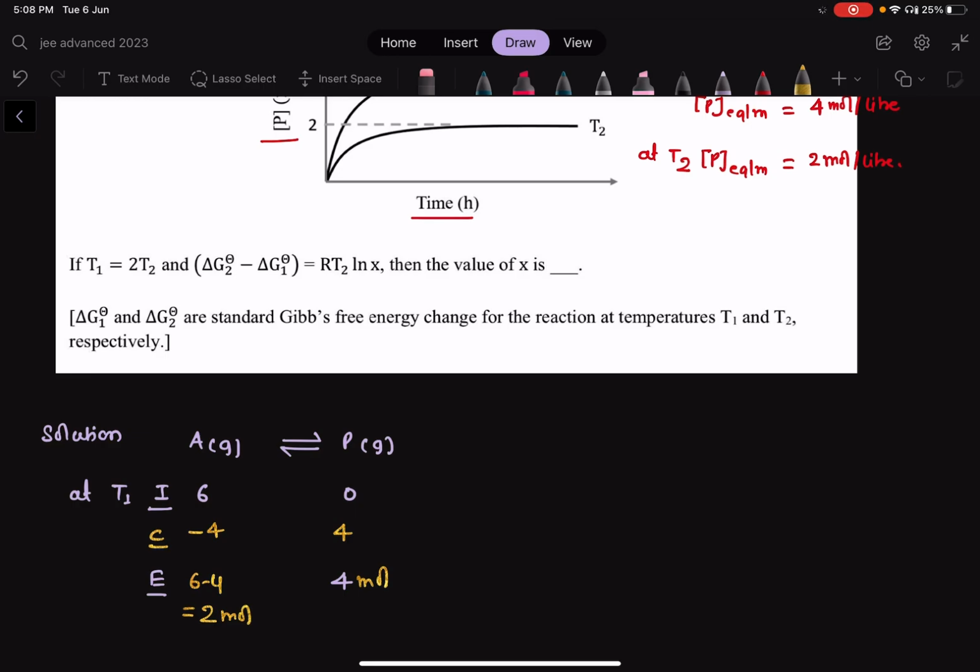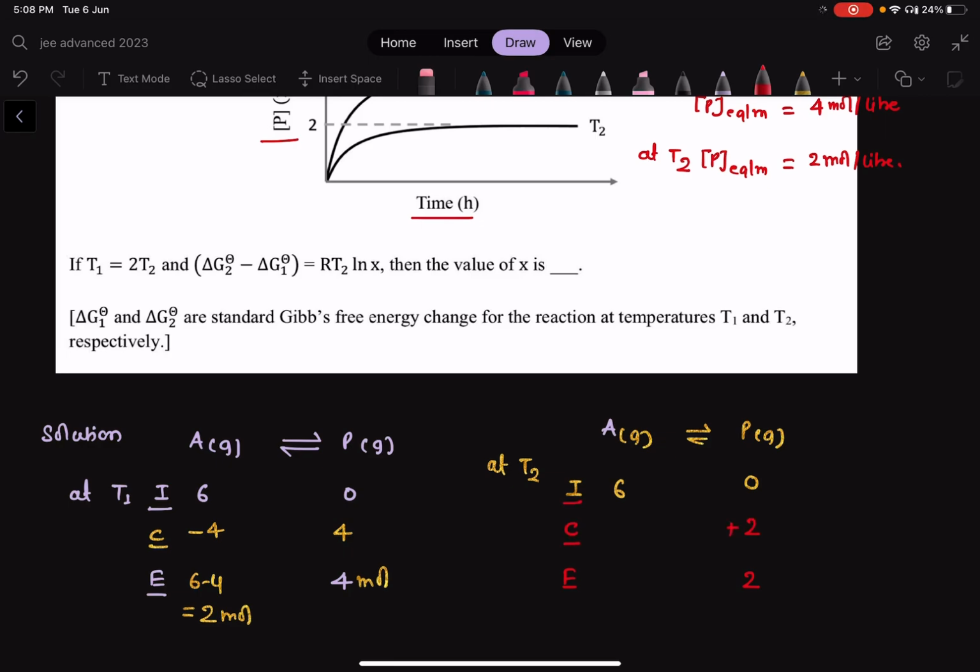Similarly, at temperature T2 also we can determine the concentration of A and P at equilibrium. At temperature T2 we have the initial condition 6 moles of A and 0 moles of P, and at equilibrium we have 2 moles of P. That means 2 moles of P has been produced.